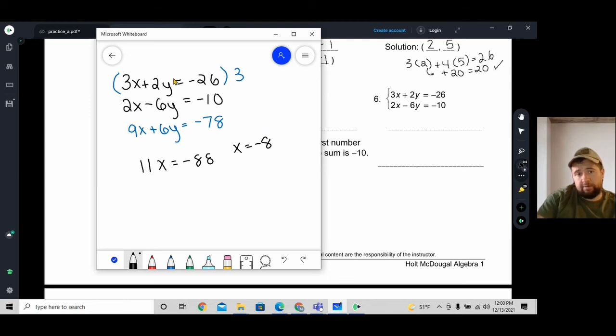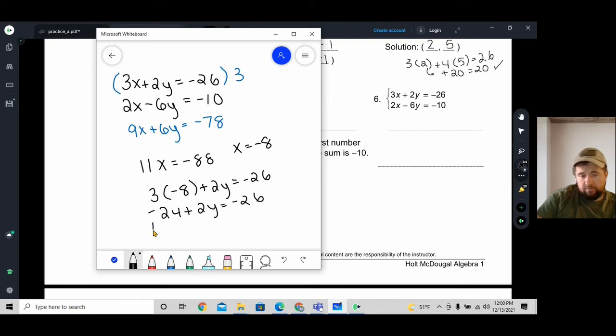I'm going to take this -8 and plug it back in. So 3 times -8 plus 2y equals -26. -24 plus 2y equals -26. I'm going to add 24 to both sides. 2y equals -2, which means y equals -1.